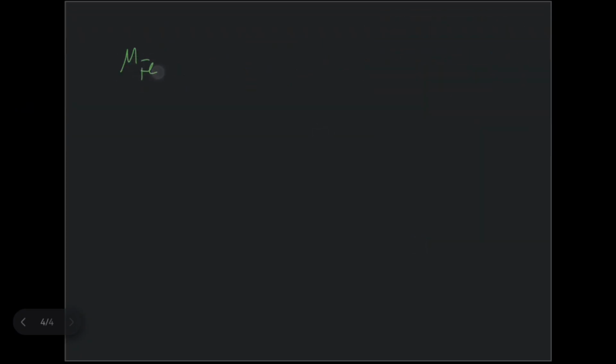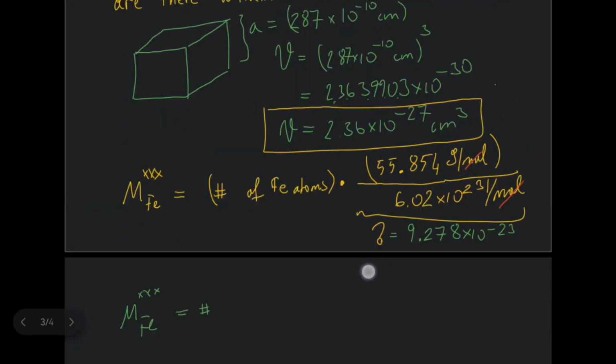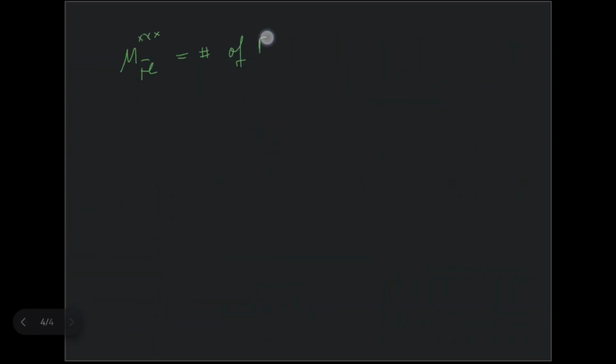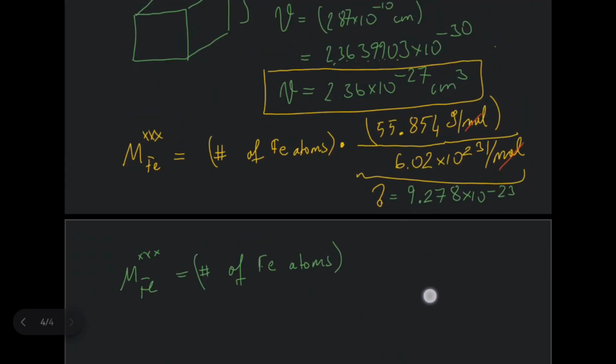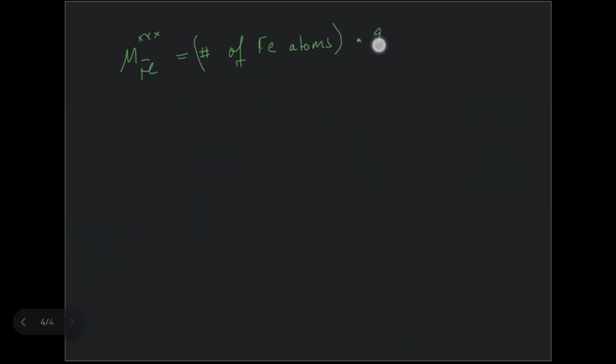So the mass of the iron is the number of iron atoms times 9.27 times 10 to the minus 23 grams. And don't forget the unit of this is gram. So we are doing the right thing right now.